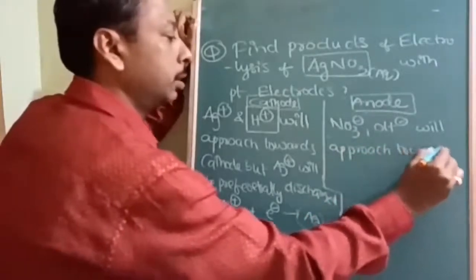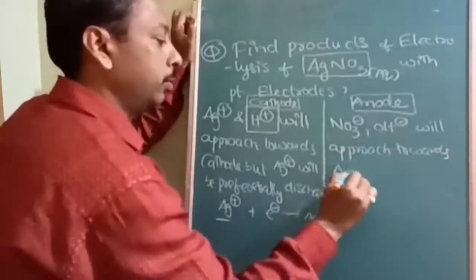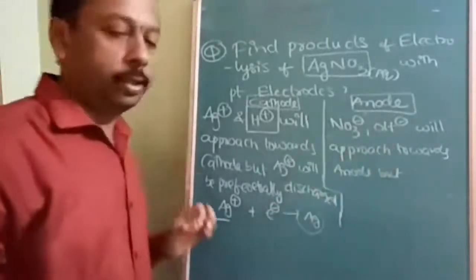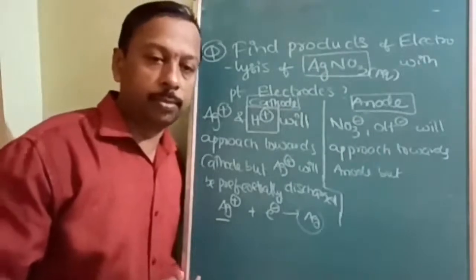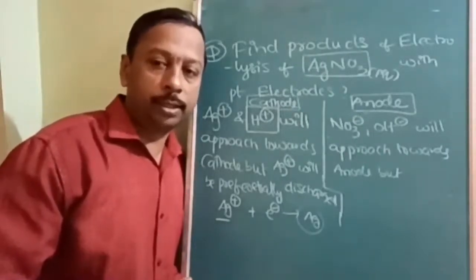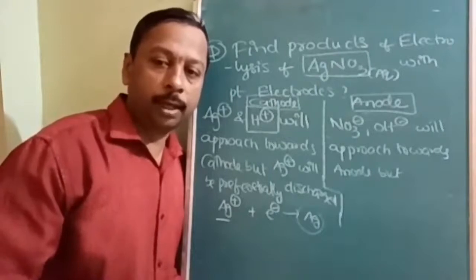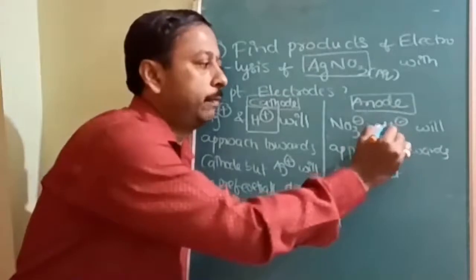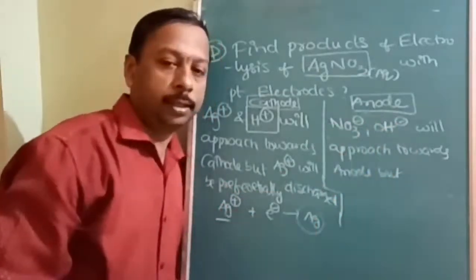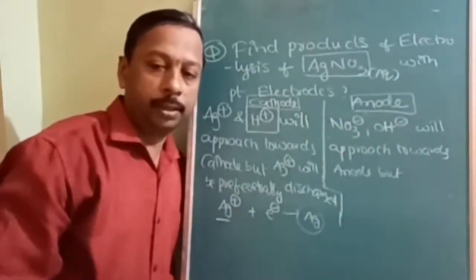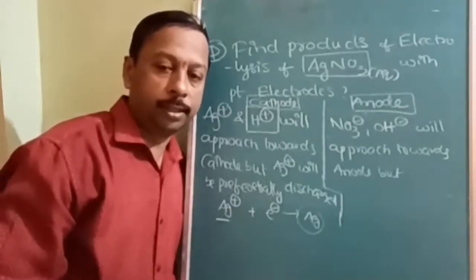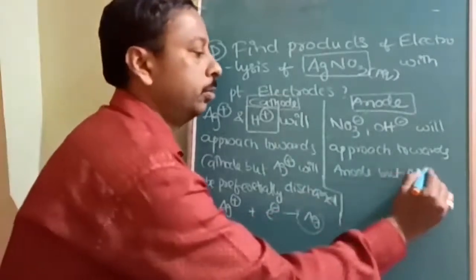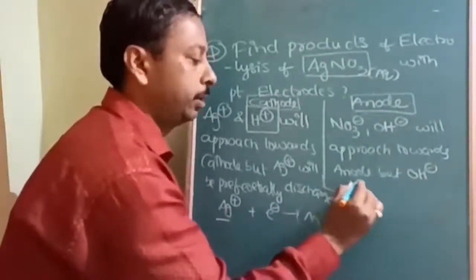Now tell me, out of these, which is more preferentially discharged, according to the discharge potential series, NO3 minus or OH minus? Easy to discharge out of OH minus and NO3 minus is OH minus.